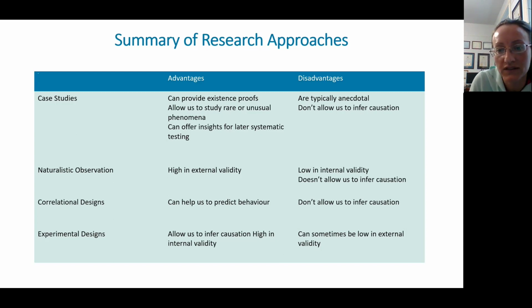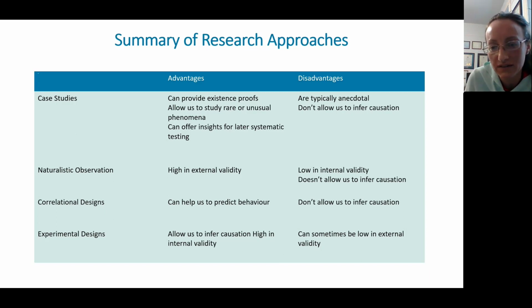That would be appropriate. So you can't say, oh no, that's the wrong kind of research, go do an experimental design to see if there's a relationship with causation. Get the idea? So when we're studying something, we want to use the most appropriate research method.